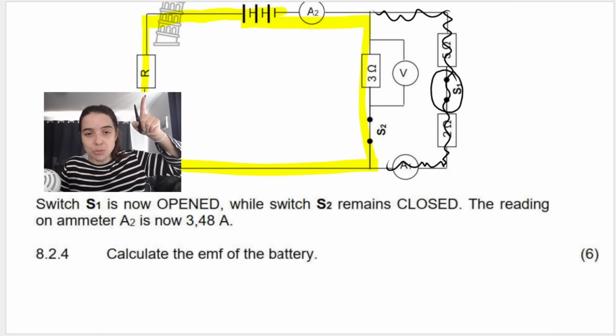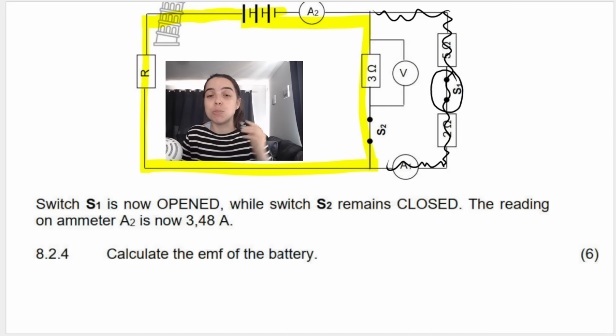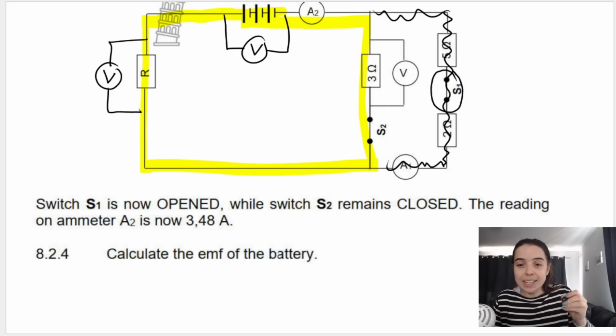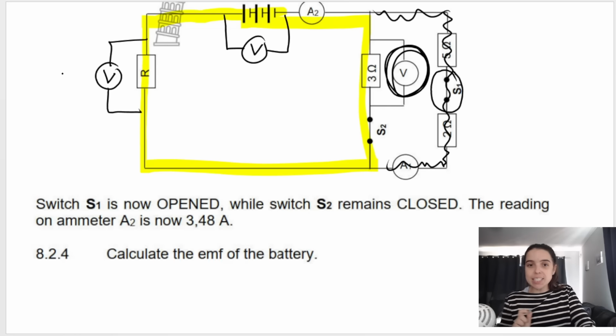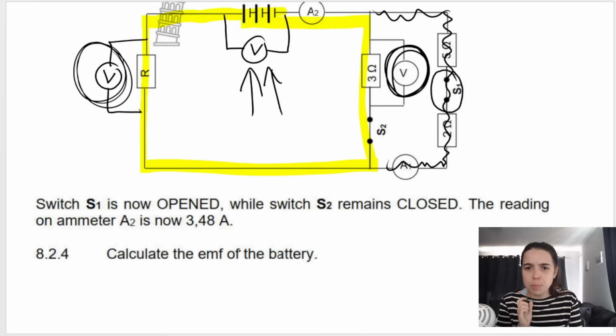If I add this voltage plus this voltage, it'll give me the voltage across the battery, because remember, potential difference splits when resistors are connected in series. So basically, this voltage over here plus this voltage over here will equal this voltage across the battery. Okay, cool. Then we'll be able to answer the question. Let's see if we can do it.